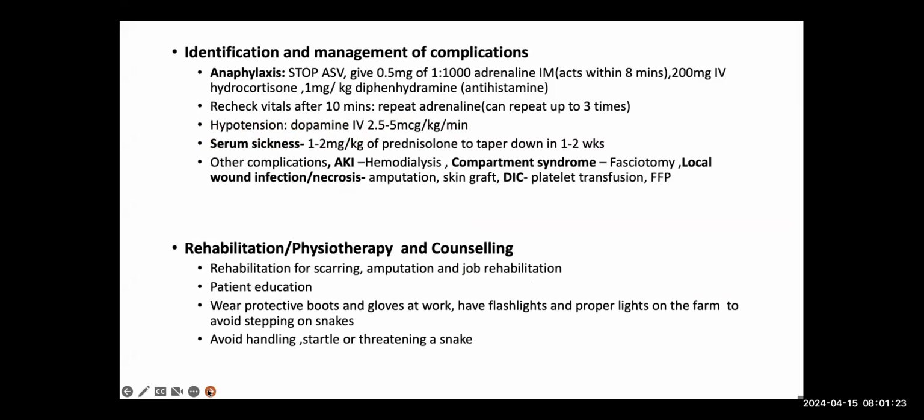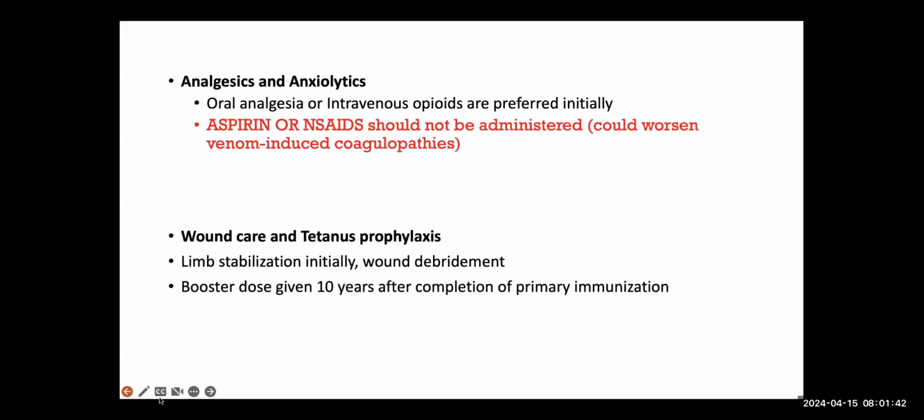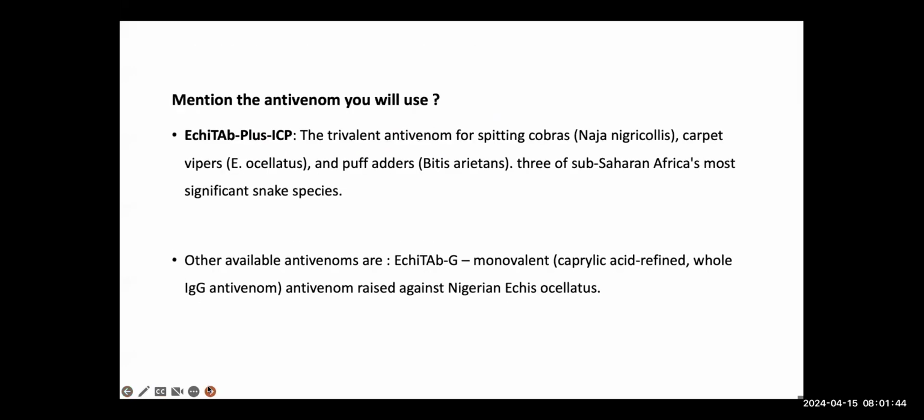The Bitis arietans and the Naja nigricollis. Those three must be part of the four that you mentioned. It's a must. As far as Nigeria is concerned, your trivalent anti-snake venom we were talking about, there are the three that are used in that trivalent anti-venom. Okay, so that's one.